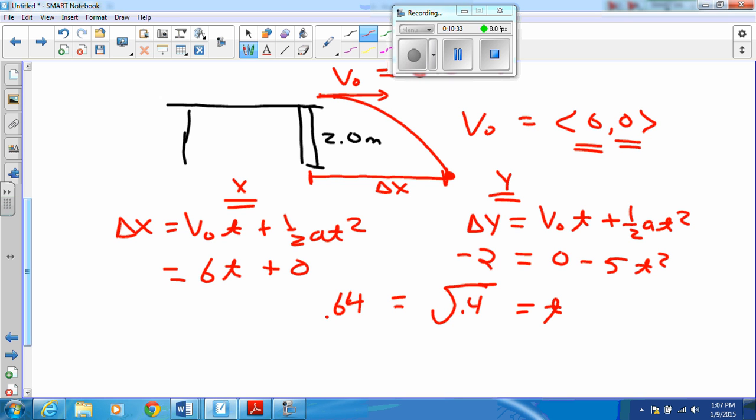That's right, because gravity pulls straight down. And so, since I already have the time that it takes for him to fall, then I know the amount of time that he's going to be traveling horizontally as well, and that's going to give me 3.8 meters as the distance that he travels horizontally, which is pretty far out.